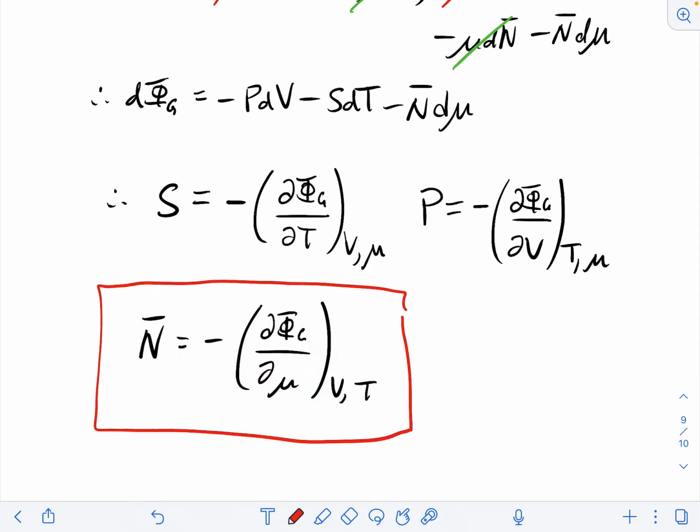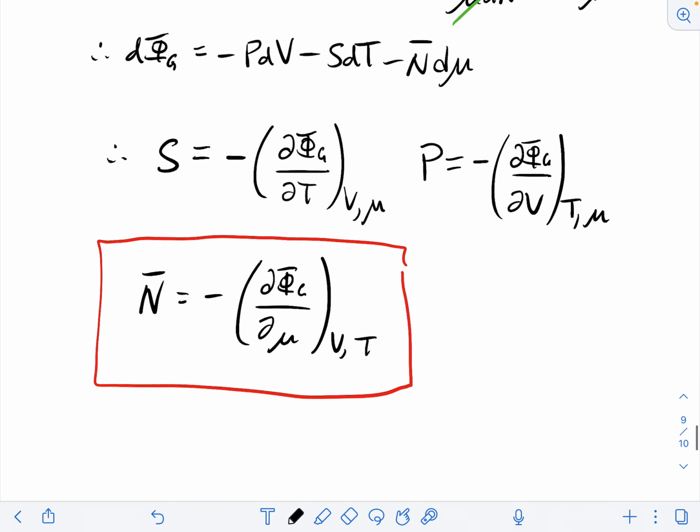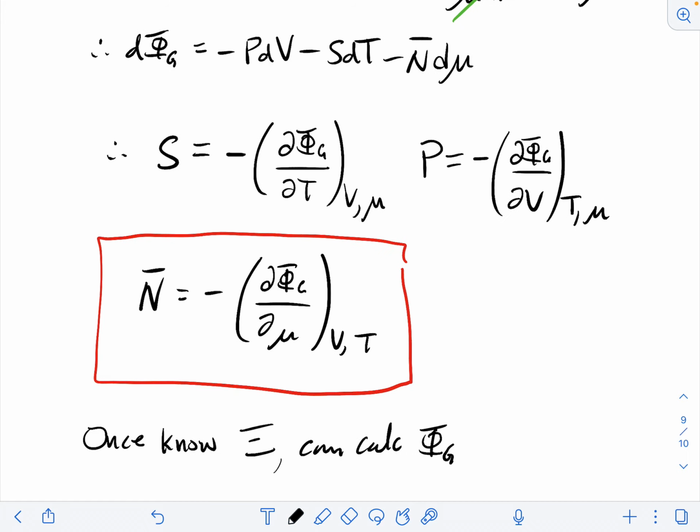But for now, the main point is, once we know the grand partition function, we can calculate the grand potential and therefore the thermodynamic quantities or properties of our system, which has now variable energy and variable particle number.